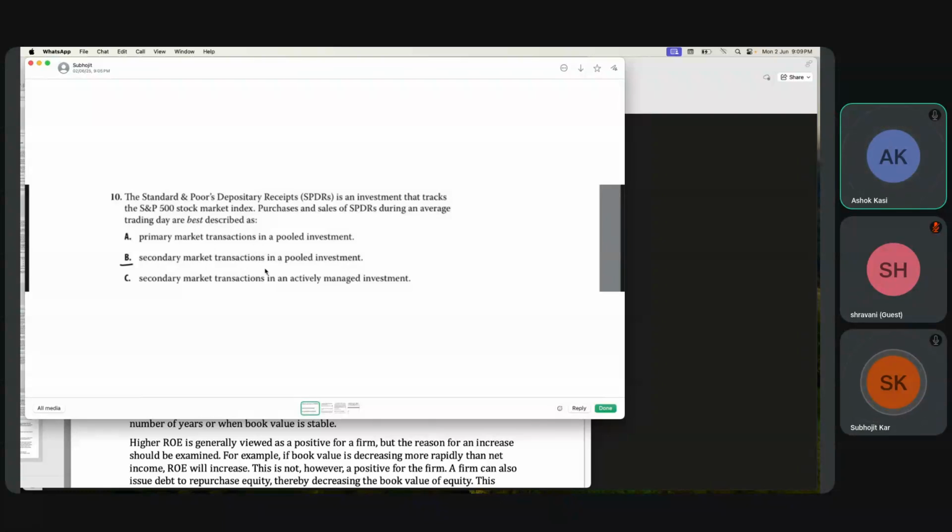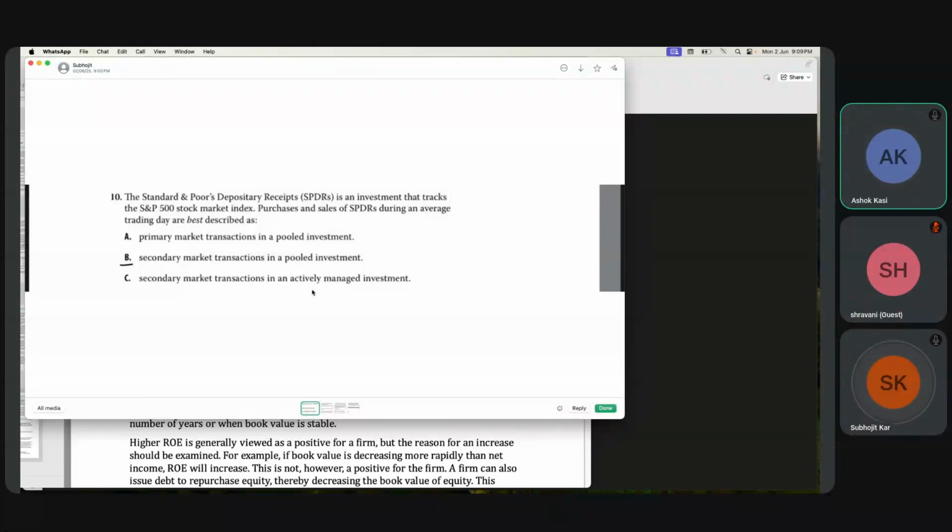Now, pooled investments: because it is an index, you are buying the S&P 500 index, so you are buying all the depository receipts in that index. It should be B. Yes, it will be B.